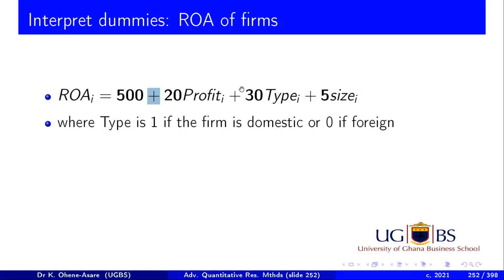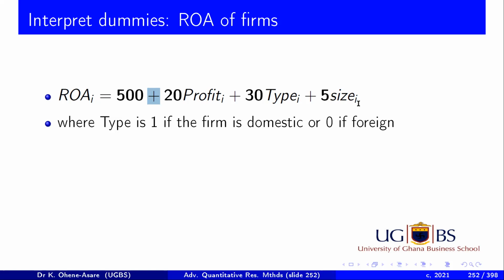Now, let me interpret again for the size. Size is the total asset of a firm, and this is actually plus, and it also rises and falls. So because it rises and falls, it's going to be increase, decrease, something like that. Now, how do you interpret it? The coefficient of size is 5.